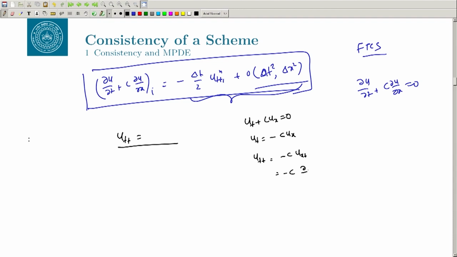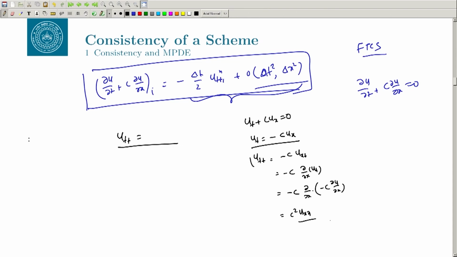You can replace it with minus c del by del x of u t. That will become minus c del by del x, and u t will become minus c del u by del x, same thing. So, that will become c square u x x. So, u t t is equal to c square u x x.